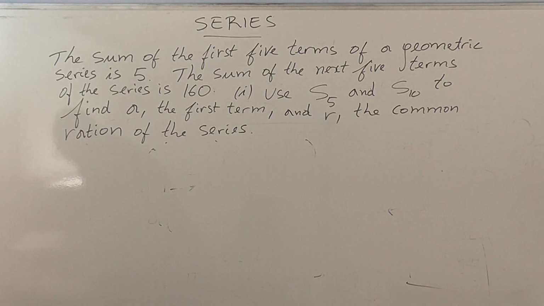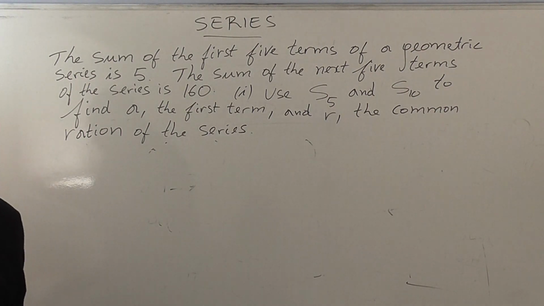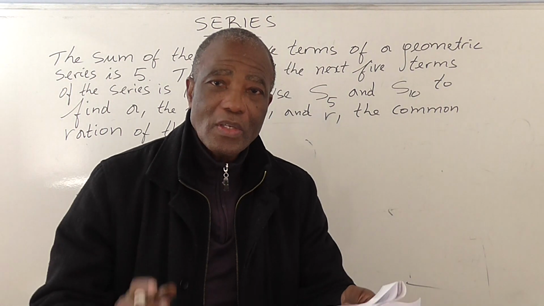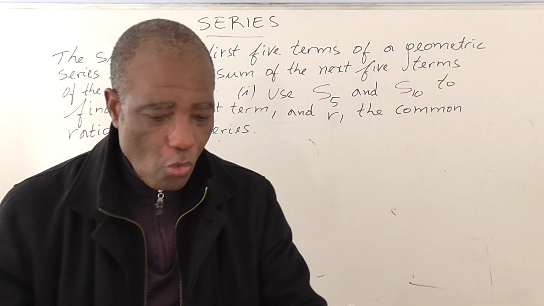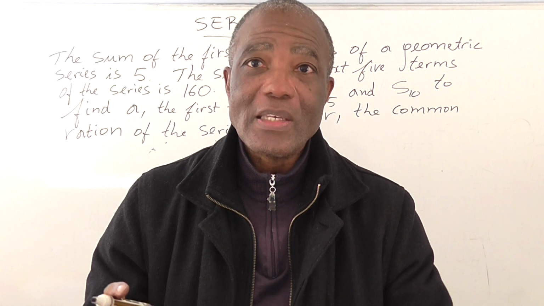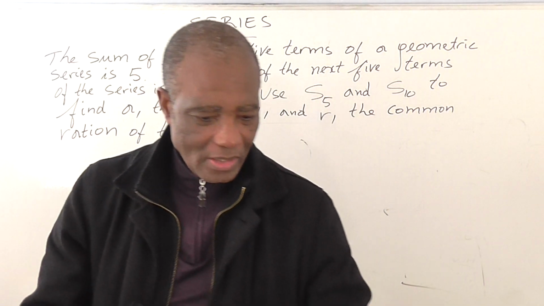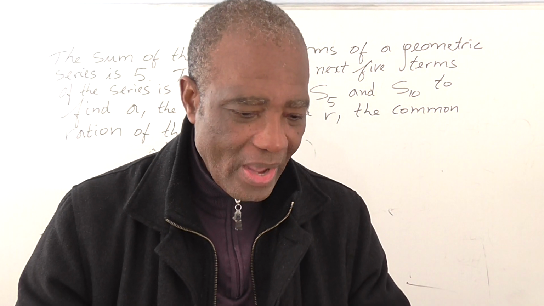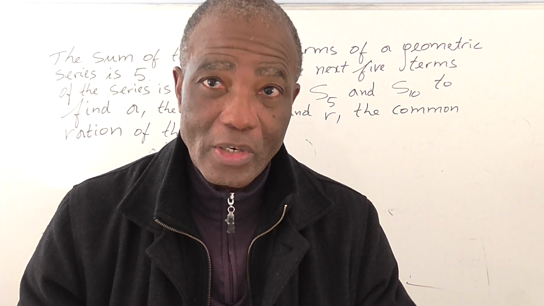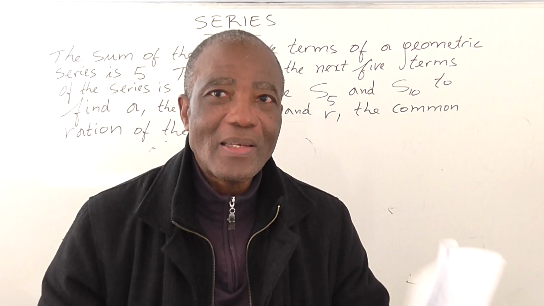They say find the smallest value of n for which the sum of the first n terms of the series is greater than 10,000. So I repeat, find the smallest value of n for which the sum of the first n terms of the series is greater than 10,000.